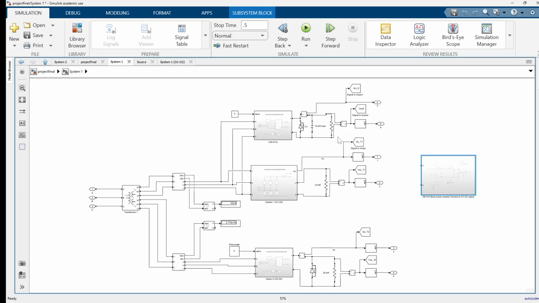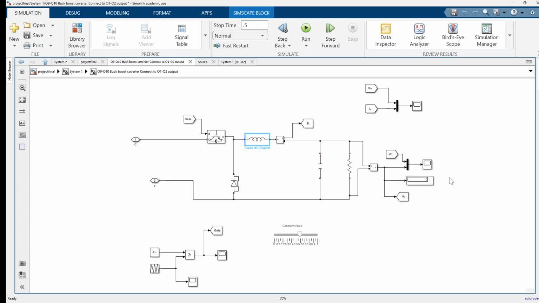You can serve the same load, where your buck converter should be connected to the output of system 1. And if you are using the buck converter, you have to use an IGBT. A diode is connected like that, and a detailed video on the buck converter is on my channel. You can go through it. I'm not going to explain it here.